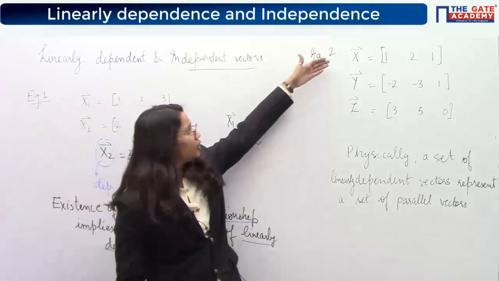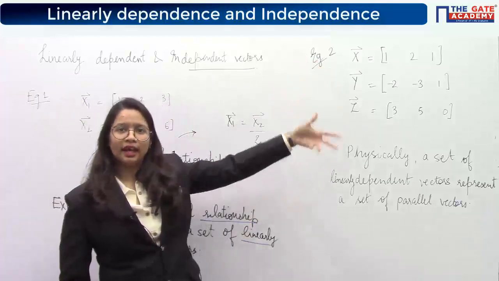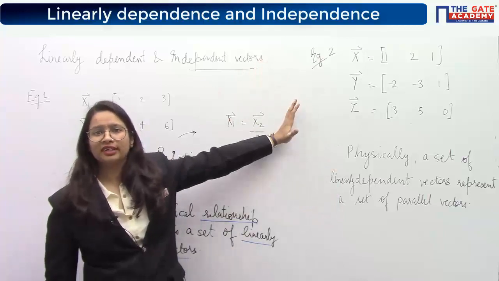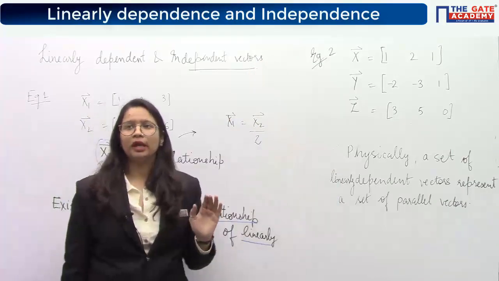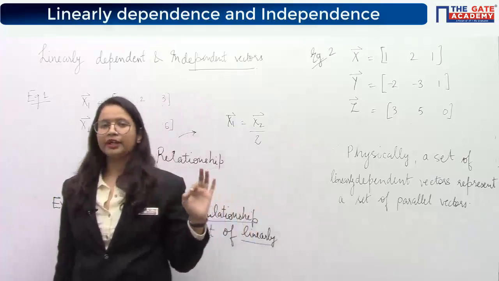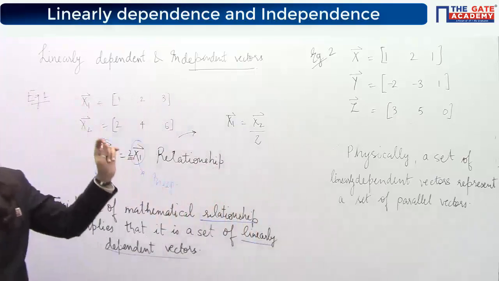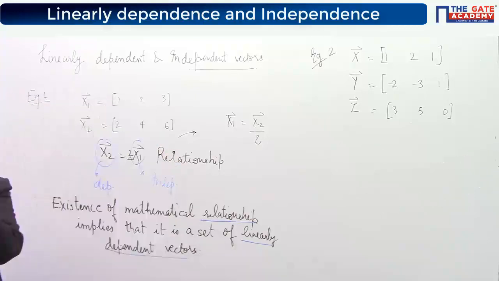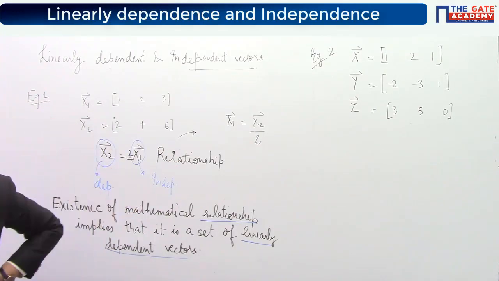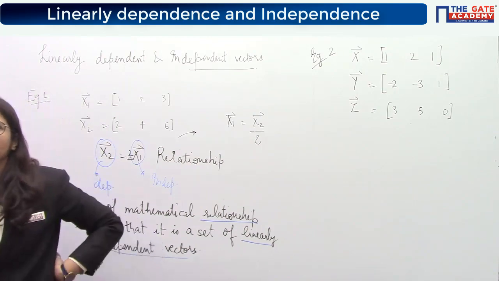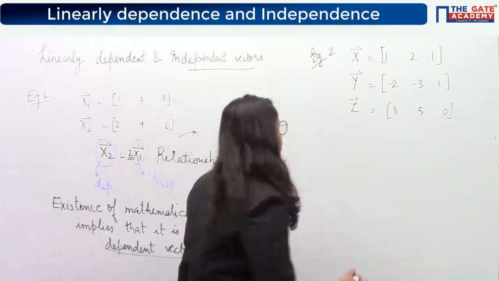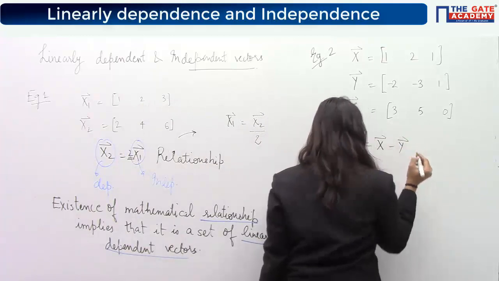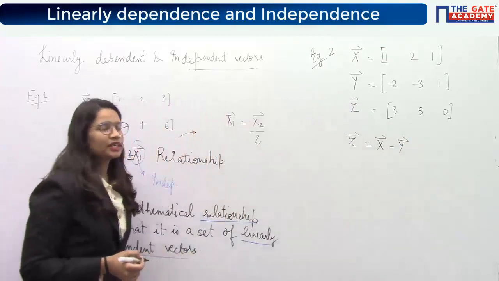So if I am telling you about 3 vectors, 4 vectors, n vectors, you will just see what the relationship is among them, and then you will be able to prove the dependency. So now tell me whether they are linearly independent or dependent. Okay, everybody is saying dependent. Very good. And some of you have given me the relationship also. If I write it down, z vector is equal to x minus y vector.